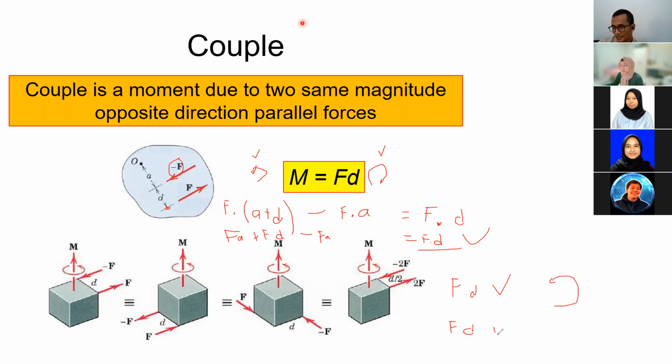Yes. So you can see, this one is the moment which is caused by both forces at point O. This one is the moment which is caused by both forces at this particular point. Maybe we can call it O1. And this one is the moment which is caused by both forces at point O2.